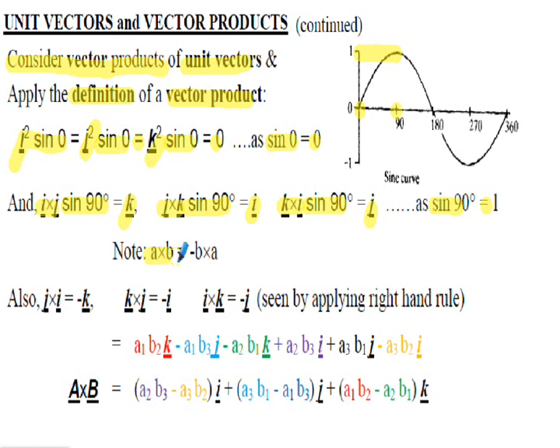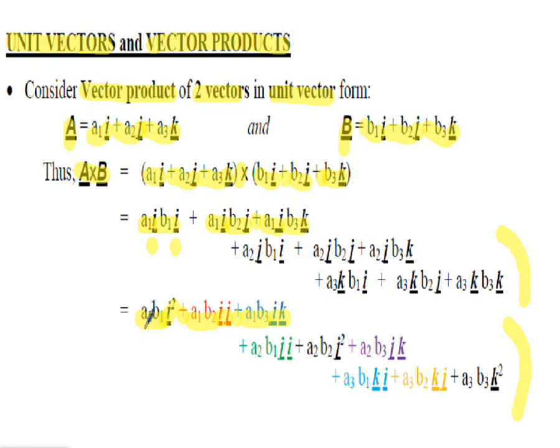If we note that A cross B is equal to minus B cross A, then we can also write that j times i is equal to minus k, k times j is minus i, and i times k is minus j. We see this by applying the right hand screw rule. So if we now refer to our previous slide, what we find is by definition this term will disappear because we've got an i squared, which is 0.